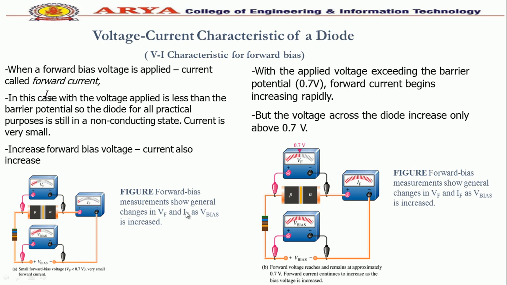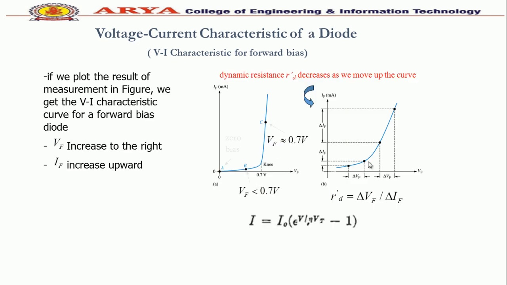When the applied voltage is less than this threshold or knee voltage, the current flow is very negligible. As the forward applied voltage increases beyond the threshold voltage, the forward current rises exponentially. As we can see in the previous diagram, the current flows exponentially after the knee voltage, which is defined as the forward voltage at which the current through the junction starts increasing rapidly.